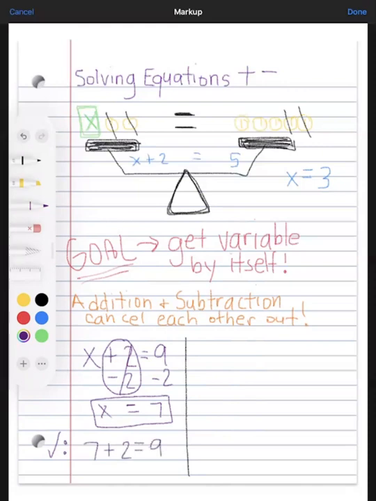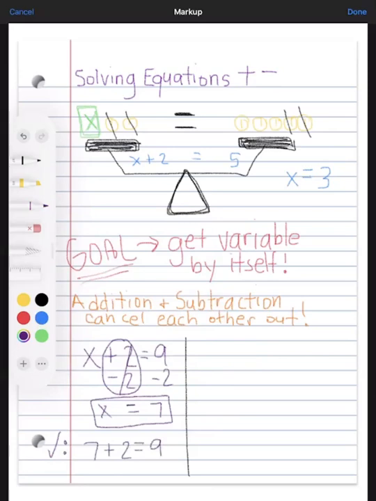Now, 7 plus 2 does equal 9, so we know that we were right. But if we had just written down 6 plus 2 equals 9, then 6 plus 2 is 8, so that wouldn't be true. That means we made a mistake when we were solving our equation. So make sure that it actually does equal what it was supposed to equal.